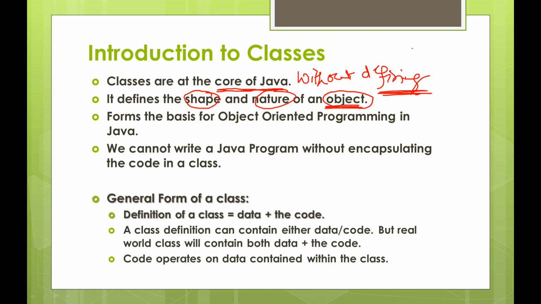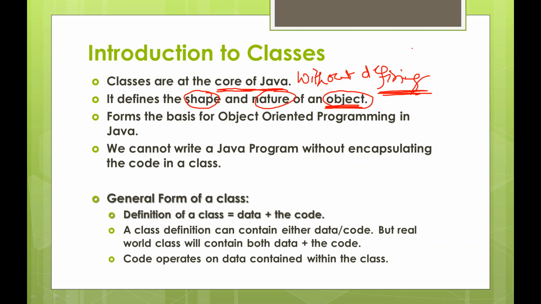Say for example, consider any object that you see in your real life. A mobile, you can consider it as an object, right? There are various shapes. Like earlier Apple mobiles, 3-inch display, and now 5.5, 6-inch mobiles also. So it defines shape.